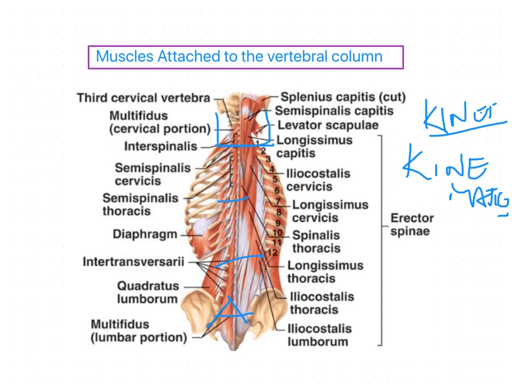In the cervical region, we are going to discuss the muscles separately, whereas in the case of the thorax and lumbar regions, the muscles are interdependent in function. So we are going to discuss them as a whole, as muscles of the trunk.